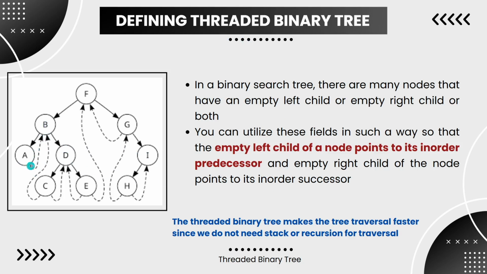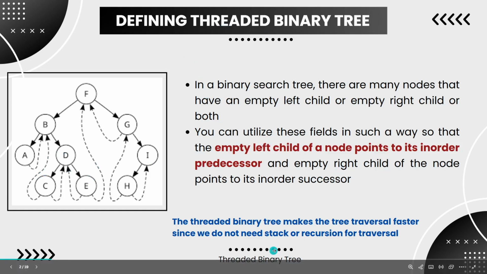If a node's right child pointer is null, then we put the node's successor there, and if a node's left pointer is null, then we put the node's immediate predecessor. That is the way we organize a threaded binary tree, and putting the pointers to successor and predecessor is what we mean by threads, and so this tree has got the name threaded binary tree.